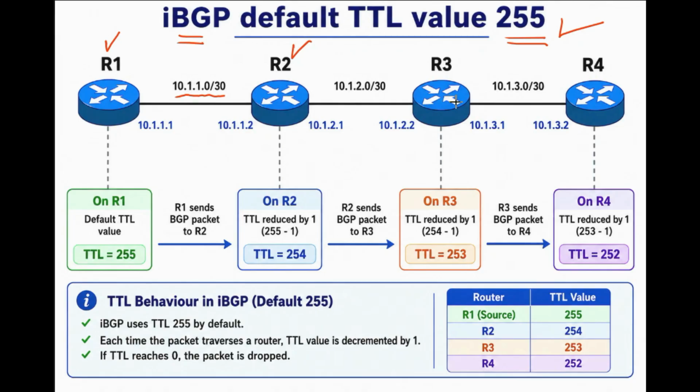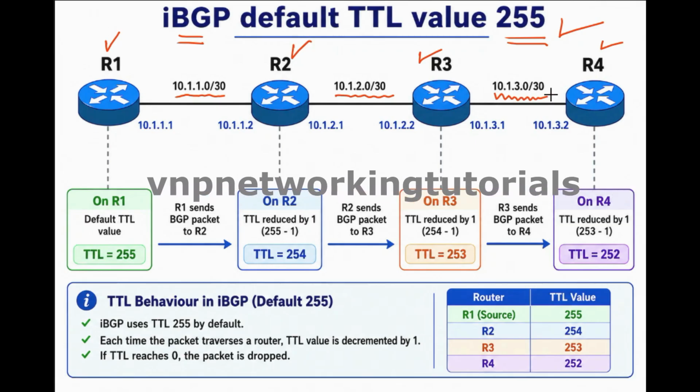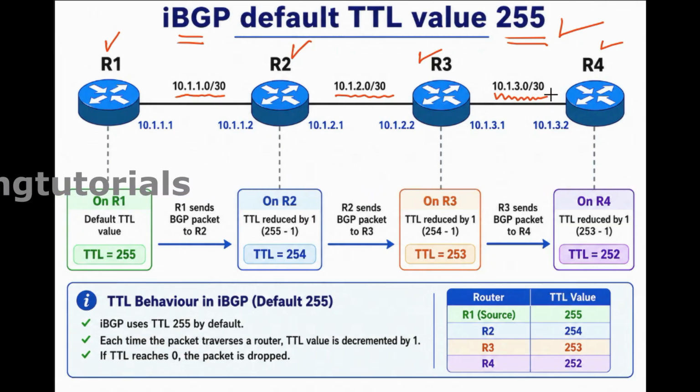Router R2 is connected with router R3 using the subnet 10.1.2.0/30, and router R3 is connected to router R4 using the subnet 10.1.3.0/30. Our focus is on the TTL value of a BGP packet generated by the router R1.